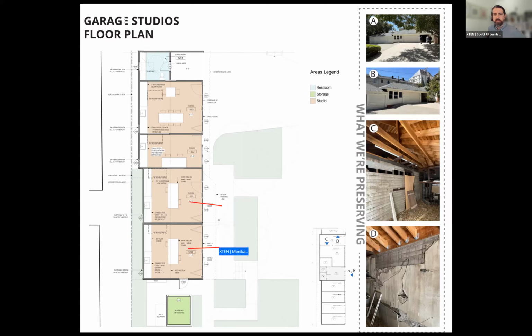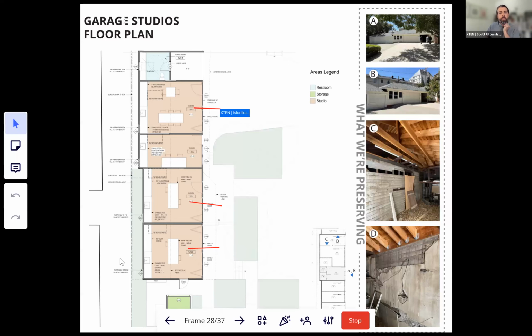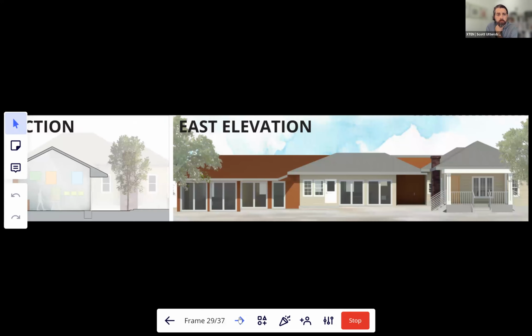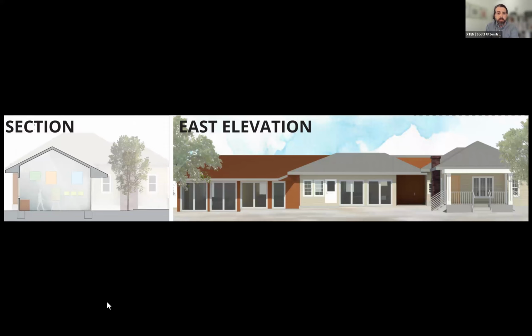And maybe if you can go ahead and skip to the next slide. Yeah, this shows a section and east elevation. So design-wise, we really wanted to complement the existing structure, but also recede into the background and really highlight these older elements.